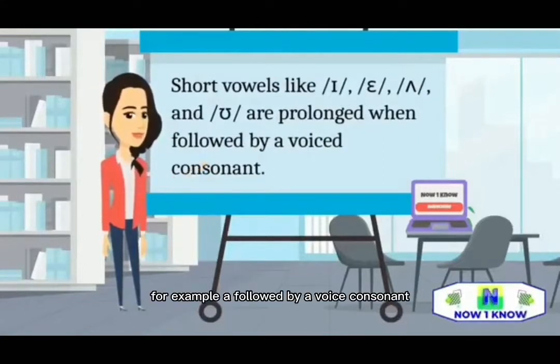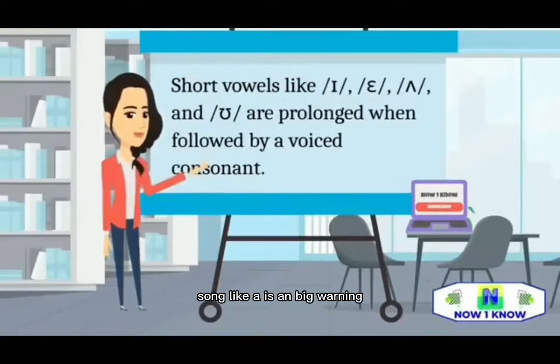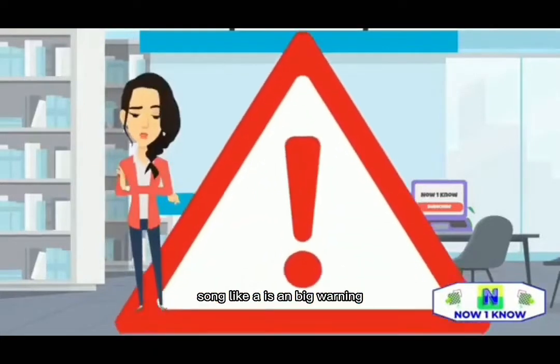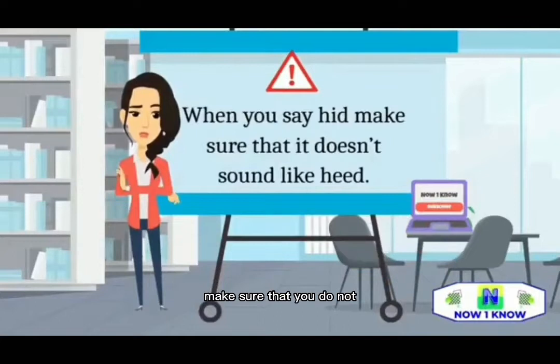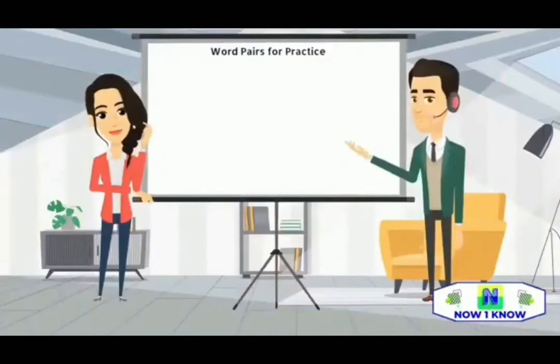For example, the vowel followed by a voiced consonant sound, like in "big". Warning: a common mistake is changing the vowel. Make sure that you do not change the sound of the vowel. When you say it, make sure that it doesn't sound like "kid".